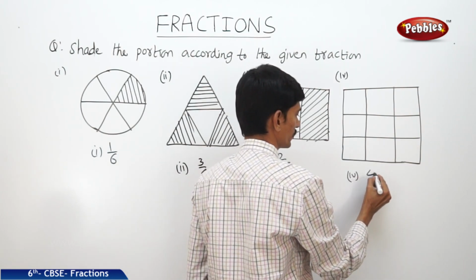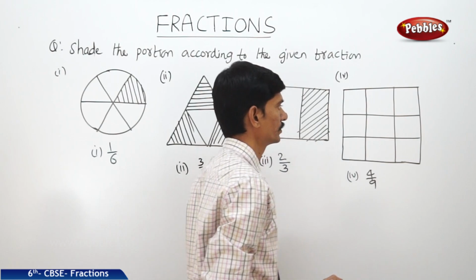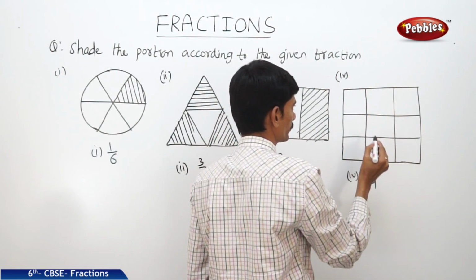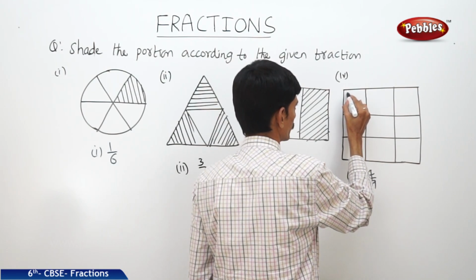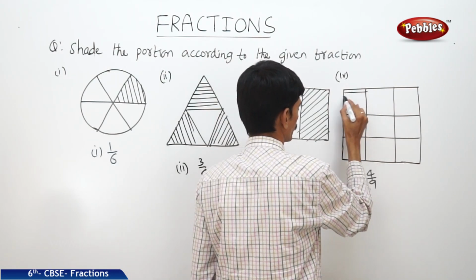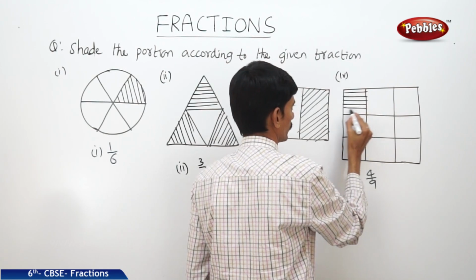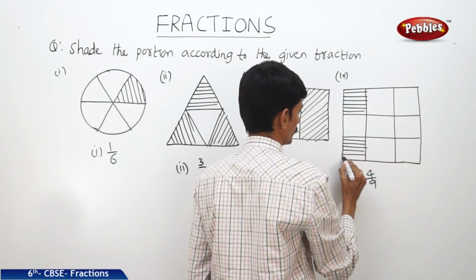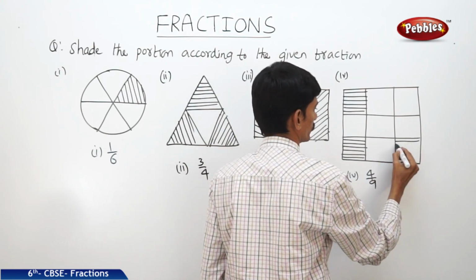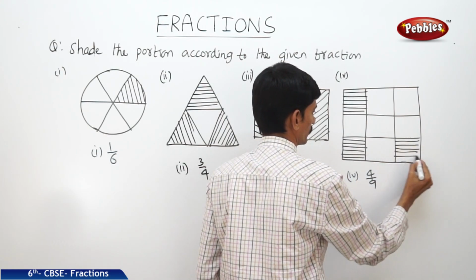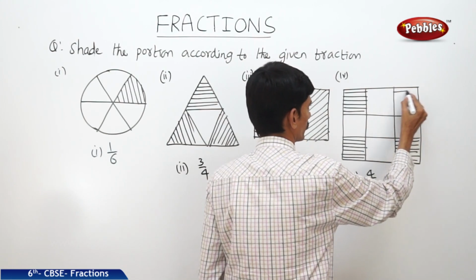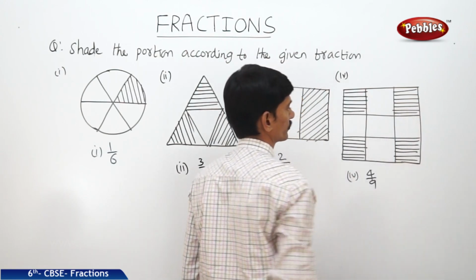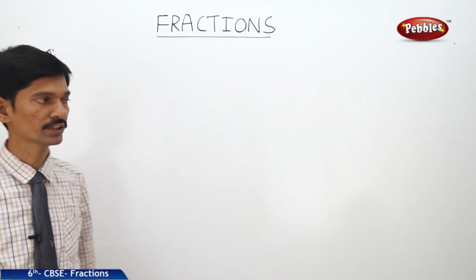So in this, the fraction is 4 by 9, means you have to shade 4 parts out of 9 parts. One, 2, 3, 4. Now let us see the next question.